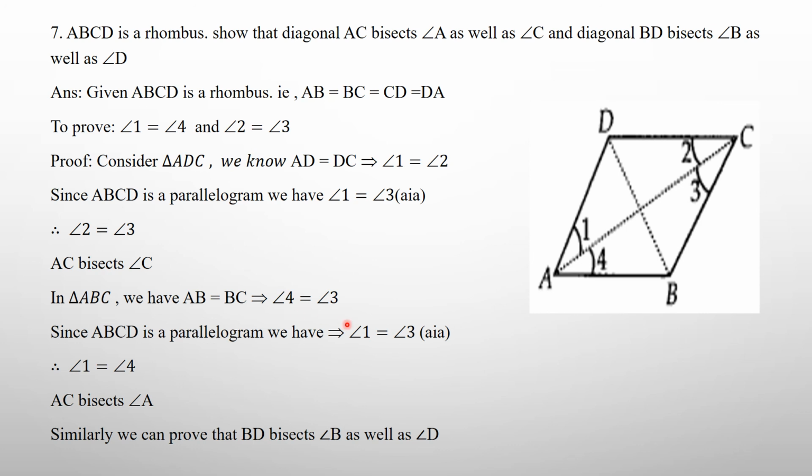We have angle 4 is equal to angle 3 and angle 1 is also equal to angle 3. Therefore, we can write angle 1 is equal to angle 4, which shows that the diagonal AC bisects angle A. Similarly, if we draw the diagonal BD, we can prove the diagonal BD bisects angle B as well as angle D.